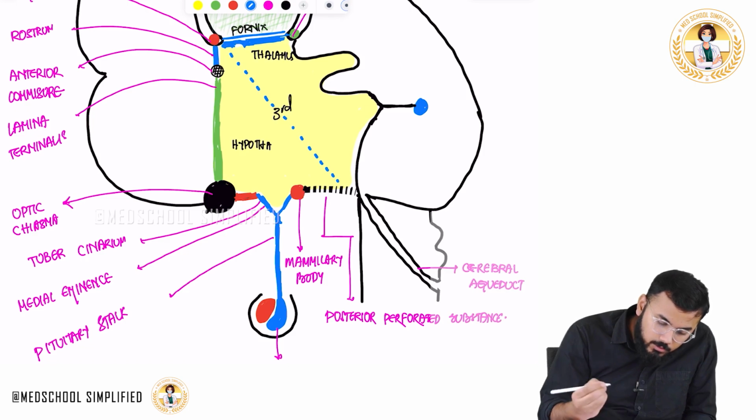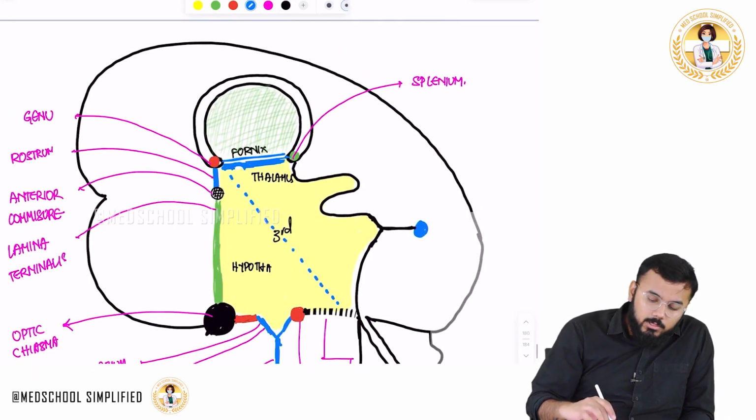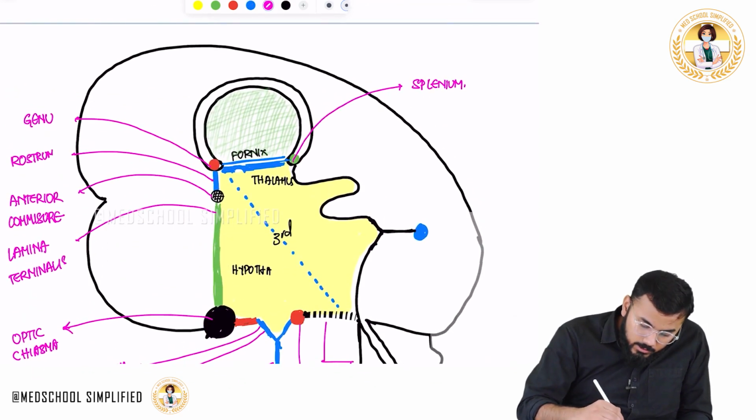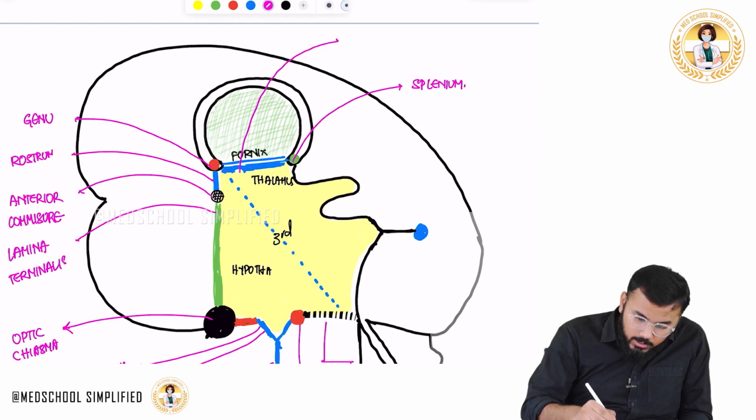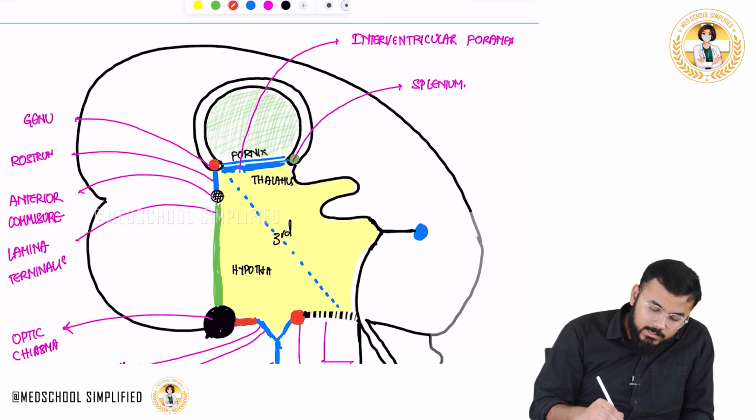This small depression over here is called the interventricular foramen. Okay. Interventricular foramen.